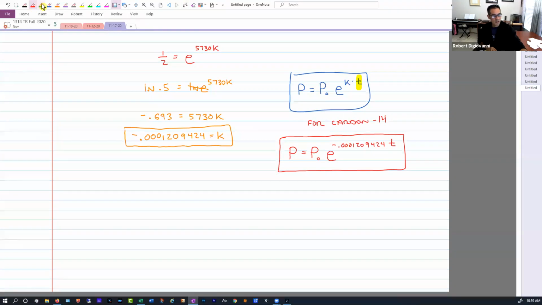So let's do this. A bone is found and the carbon-14 is measured.